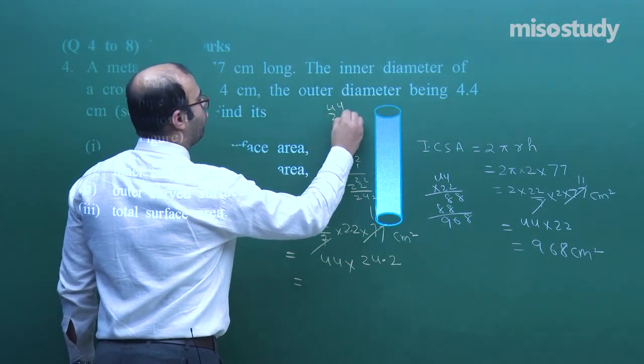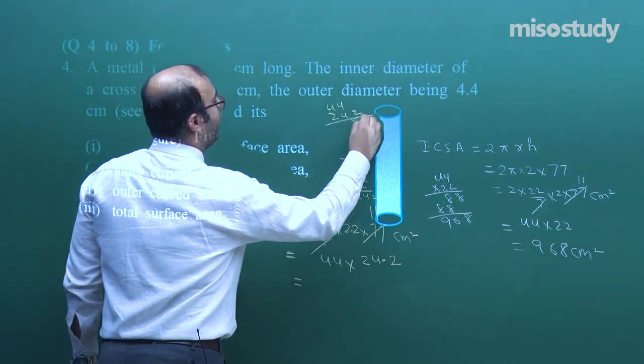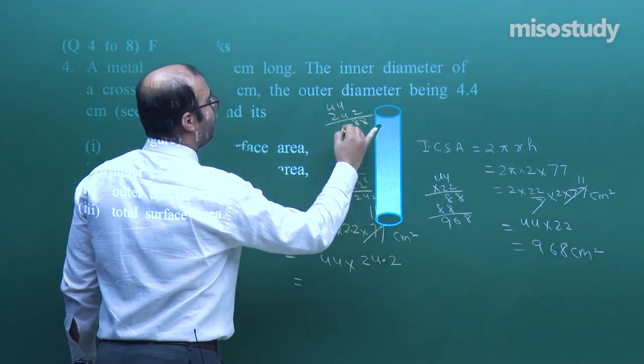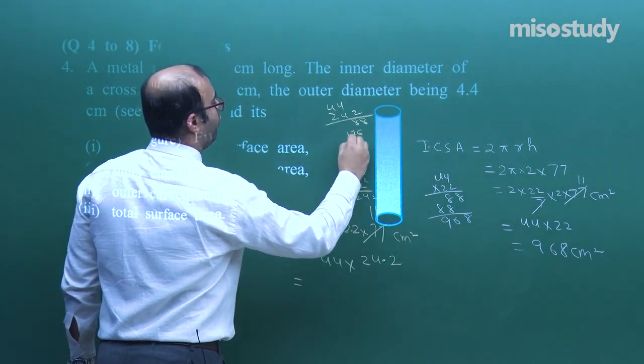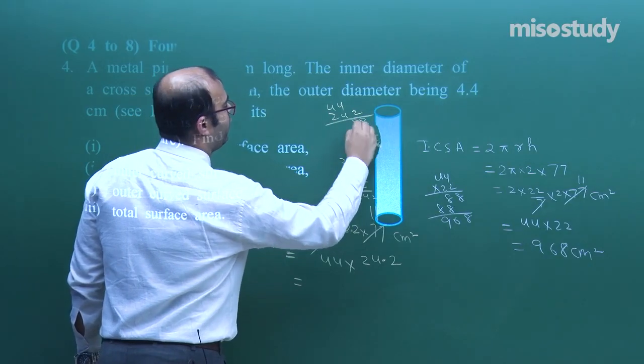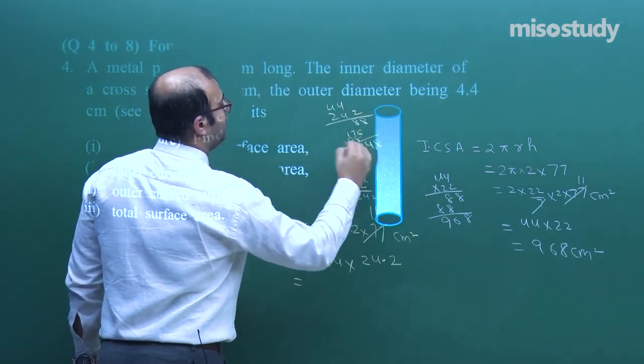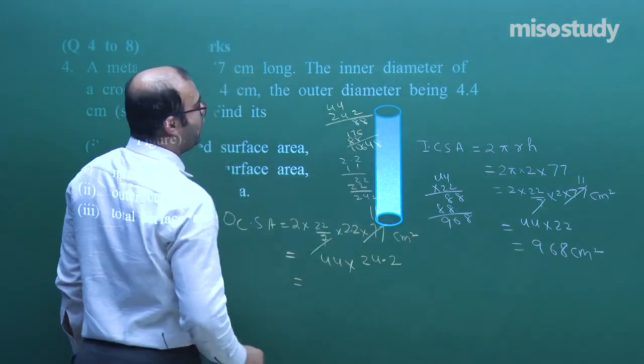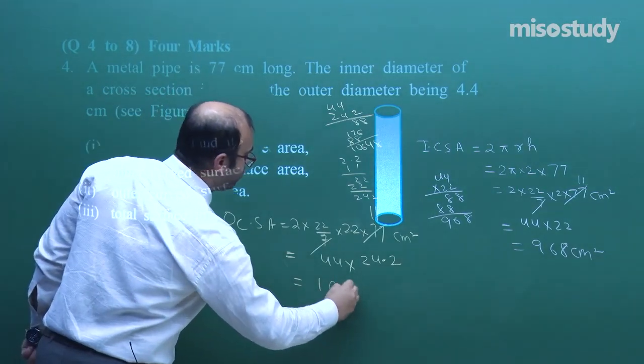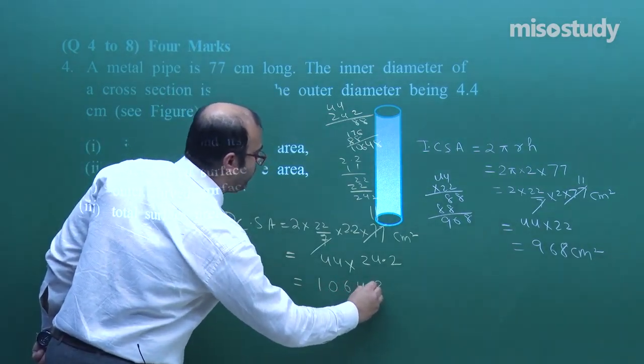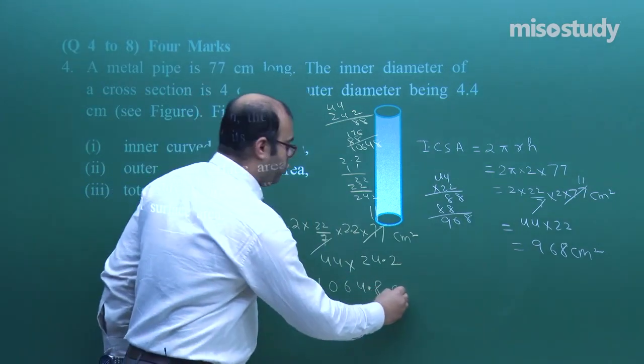So, 44 into 24.2, 428, 428, 4, 4, 16, 1 carry, 4, 4, 16, 17, and 428, 428. So, 8, 14, 16, 10, 10648, and the decimal will be here, centimeter square.